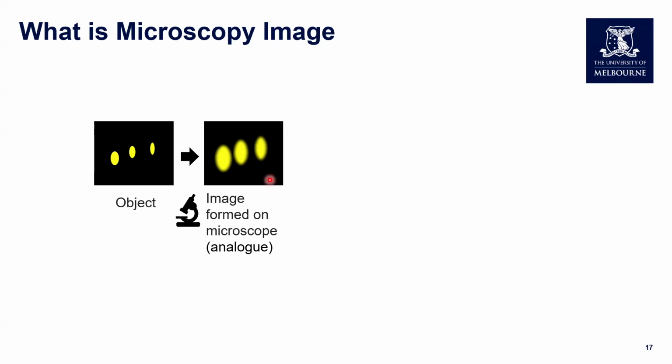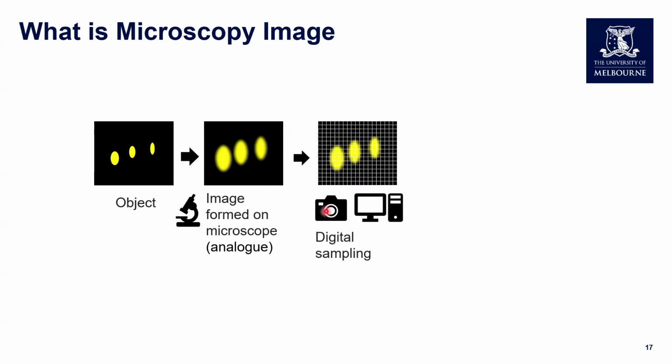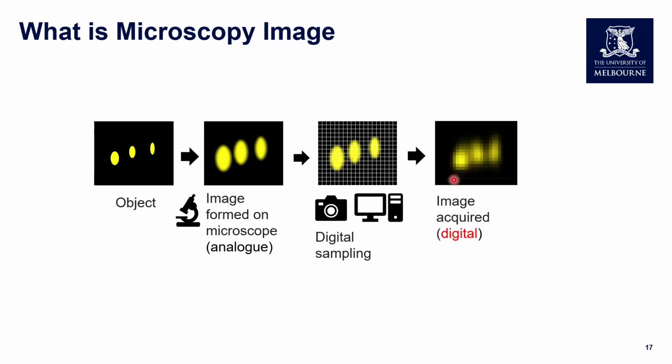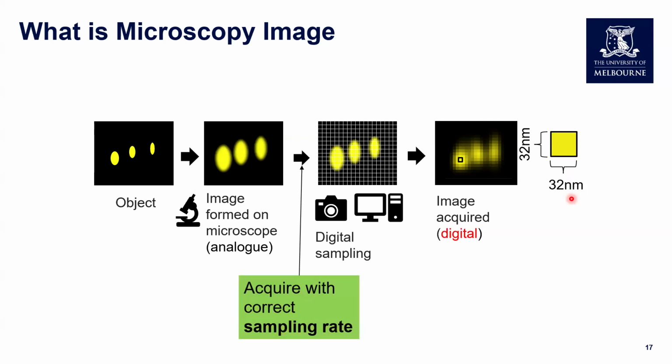But when this image is detected on our camera and saved on the computer, the signal has to be converted to a digital format. So the image we get is a digital image composed of many pixels. A pixel is the unit of our image, and each pixel has a defined size. So when we convert our analog signal to digital format, we need to use the correct sampling rate.